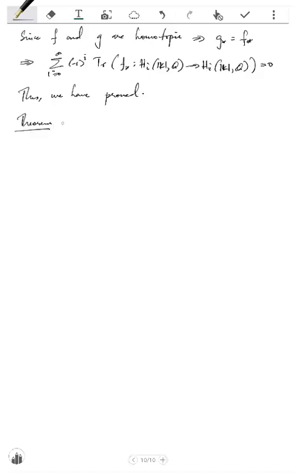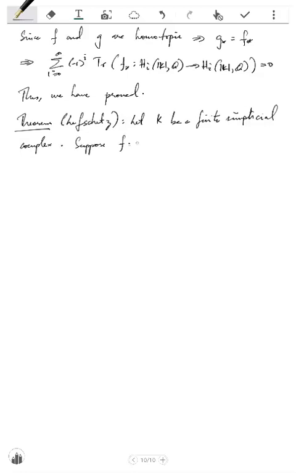the following theorem due to Lefschetz. Let K be a finite simplicial complex. Suppose f from mod K to mod K is a continuous map such that f has no fixed points.